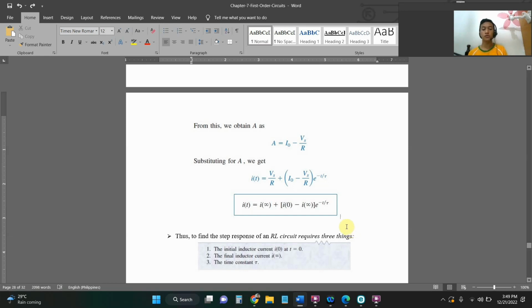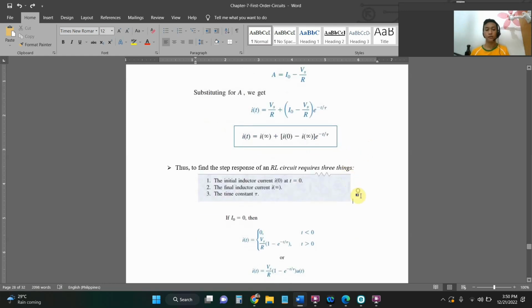So i is now equal to I infinity plus (I0 minus I infinity) multiplied by e^(-t/tau). Thus, finding the step response of an RL circuit requires three things. Just remember these three things.